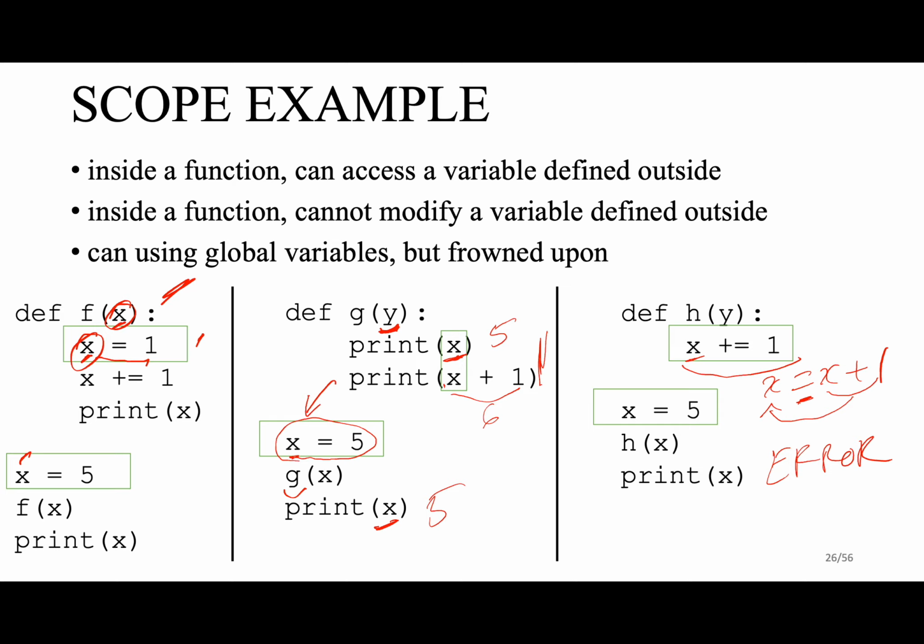So we need to use the global keyword for this case, but it's not a good way. So I don't mention it here. This case and this case, it's okay, it's good. This case is the best one, but this case is not a good case. Do not try to zoom into this case in detail.